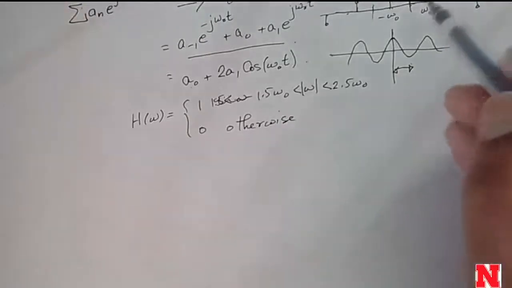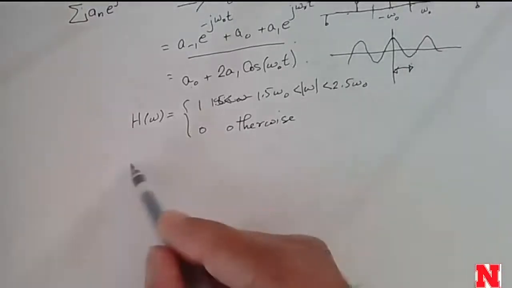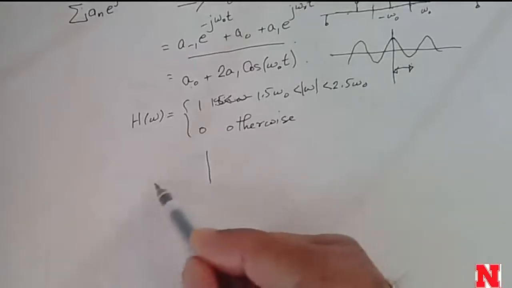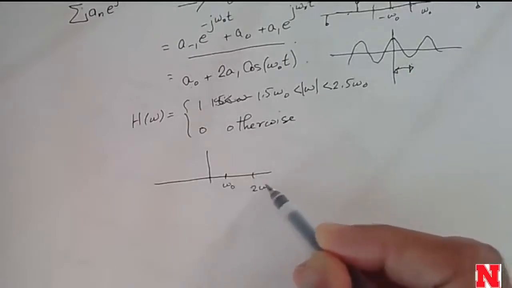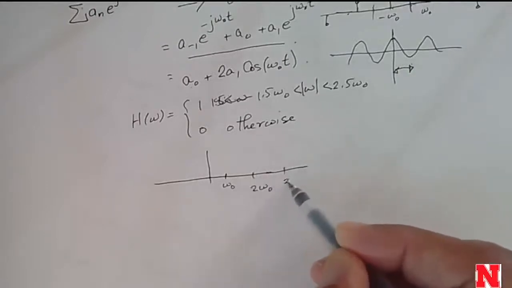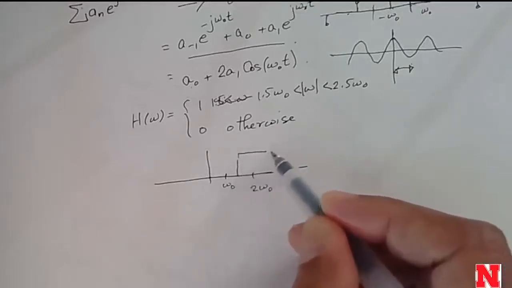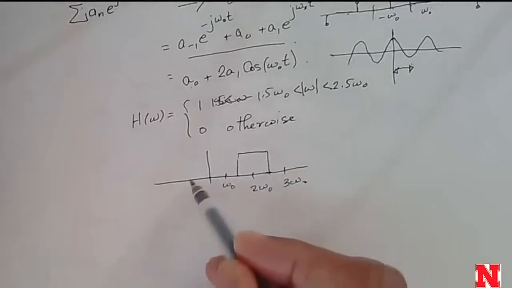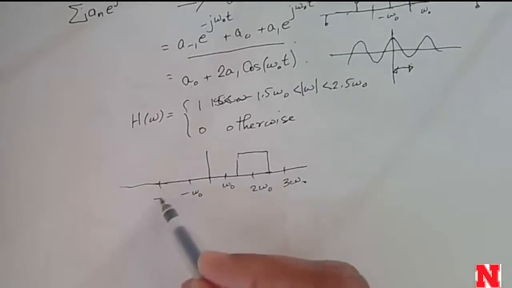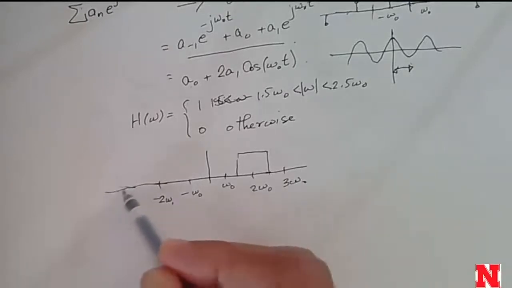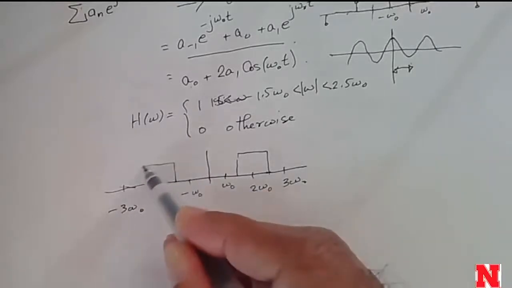So here's my filter. Here's omega naught, 2 omega naught, 3 omega naught, and my filter goes from 1.5 omega naught to 2.5 omega naught, and on this side, this is minus omega naught, minus 2 omega naught, minus 3 omega naught, and the filter goes like this.